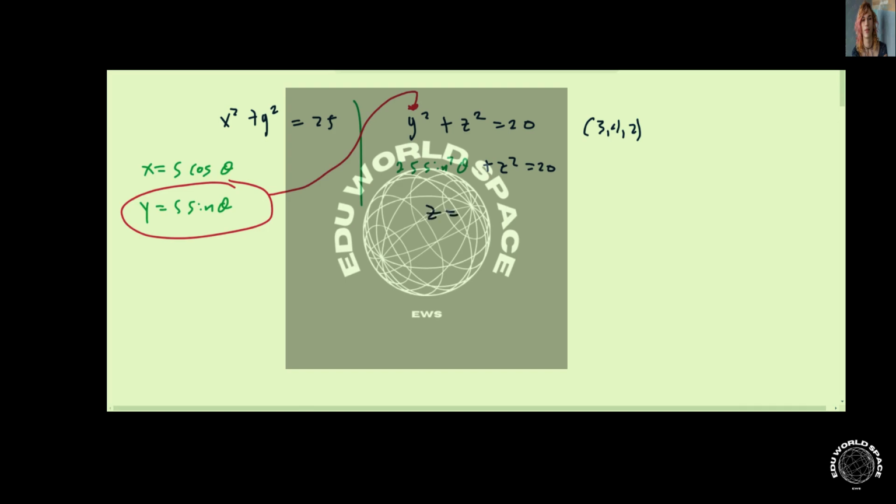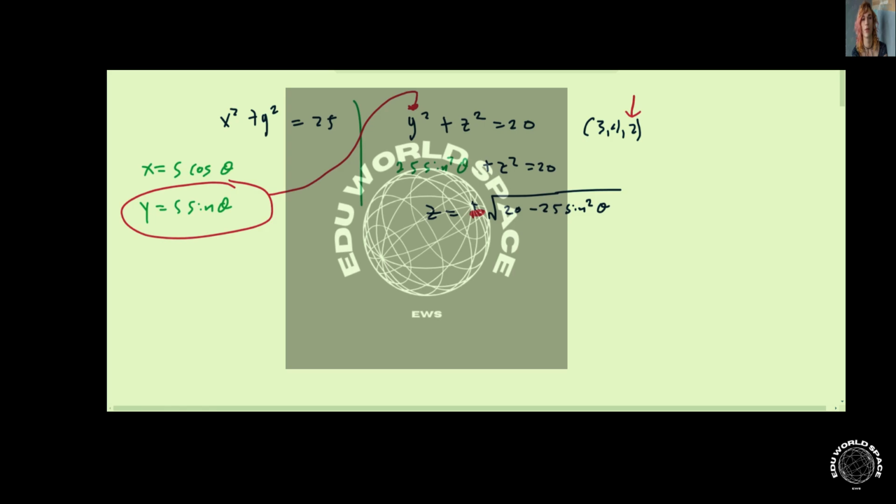We get z is equal to plus or minus the square root of 20 minus 25 sine squared theta. We're only going to use the positive root since z is supposed to be 2. If this was negative, then we would want to take the negative root. But in this case, we're just going to keep the positive root.